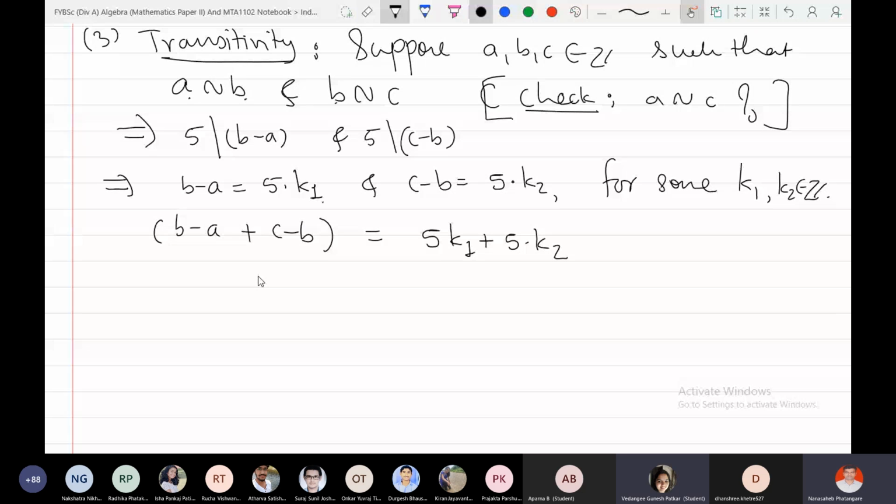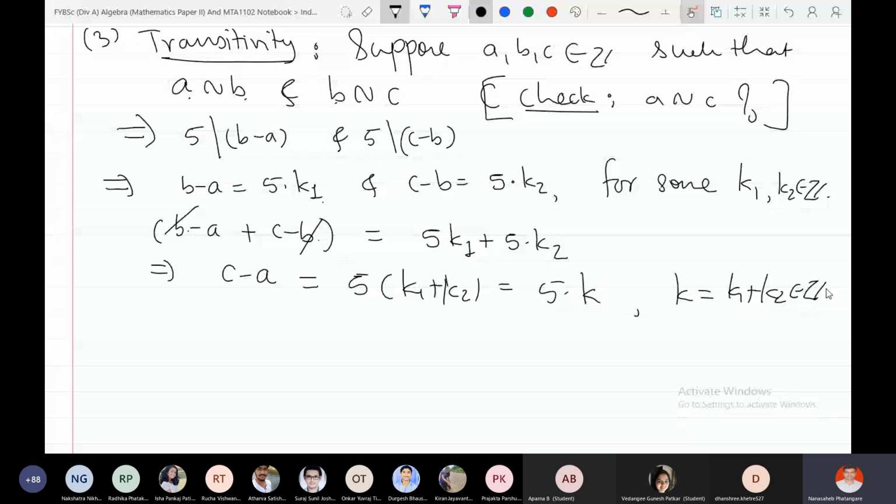Minus b plus b get cancelled. What remains? c minus a. And here 5 times k1 plus k2. But after all, k1 plus k2 is some integer k, and ultimately this is an integer.